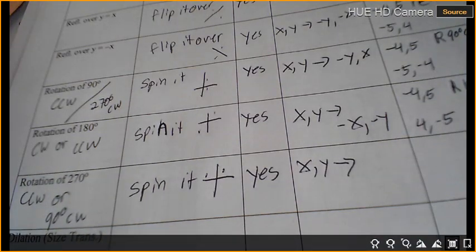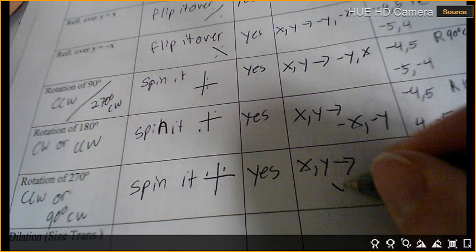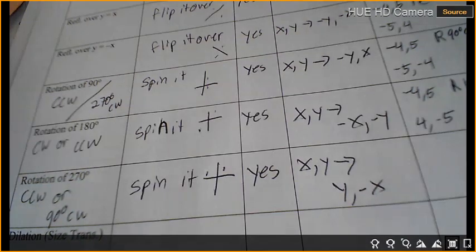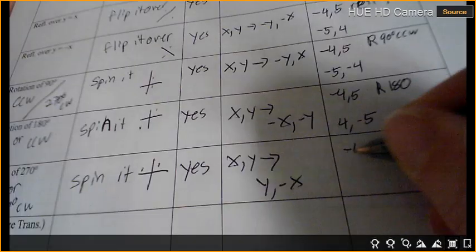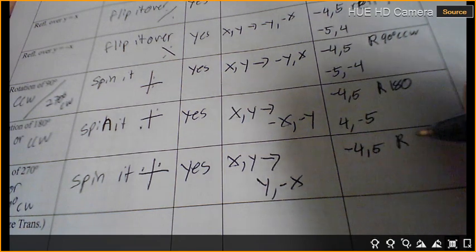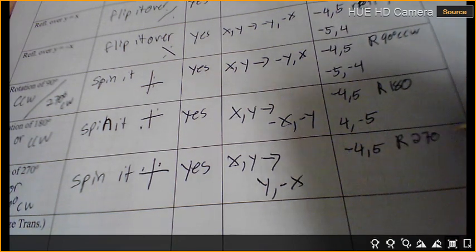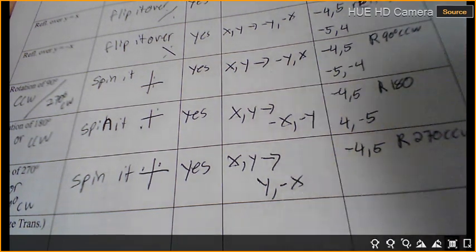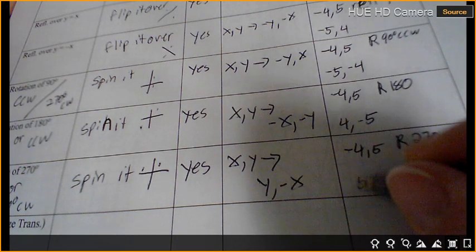Okay, so I go from x comma y to y comma negative x. And that's -4, 5, rotation of 270 degrees counterclockwise or 90 degrees clockwise. And I'm going to get 5, 4.